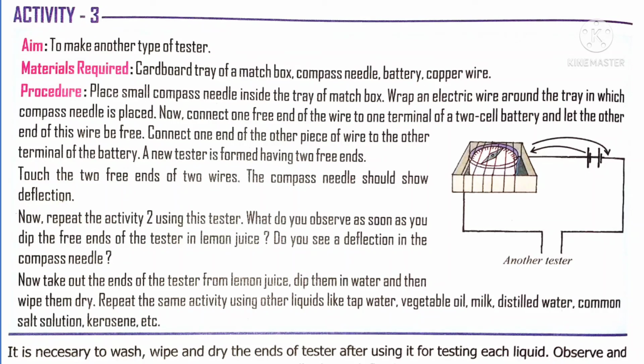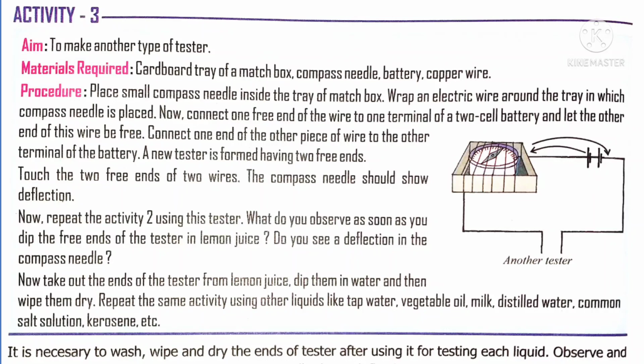So solutions like milk, kerosene, honey, distilled water, vegetable oil or any type of oil do not pass electricity, because they don't have any charged particles or ions. Activity 4 is also showing the same concept, that the flow of electric current will not be there in distilled water.